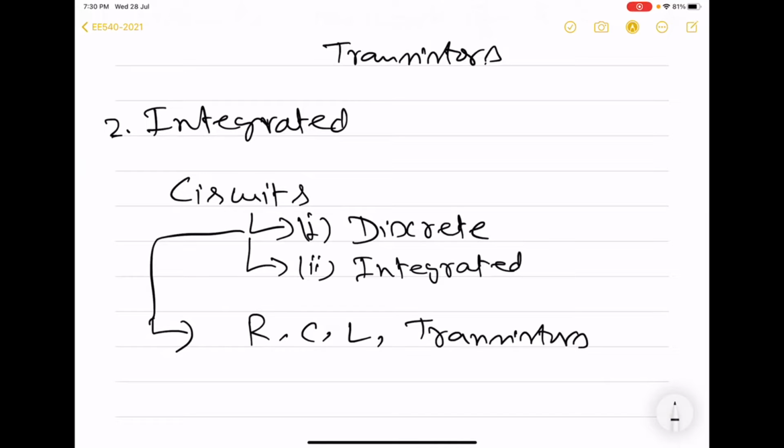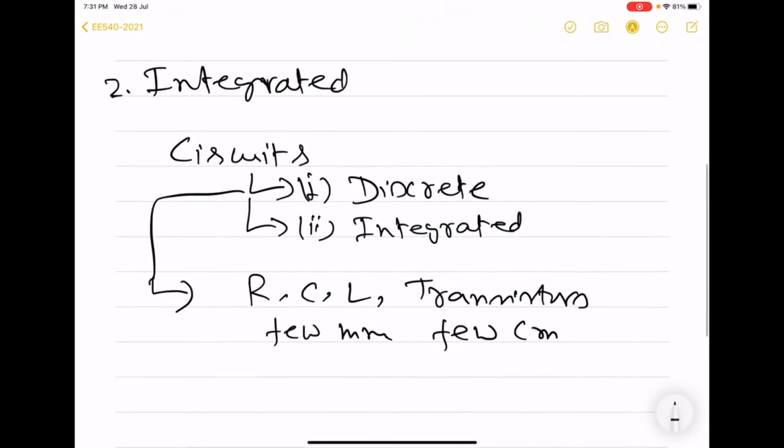And the size of each of these components will be from few millimeters to few centimeters. So the size will be large, and because of this large size, it will be difficult to accommodate a large number of these components on any given area. So if the component number cannot be very large, then the circuit functionality will also be very simple. Only basic functionality can be realized using discrete.